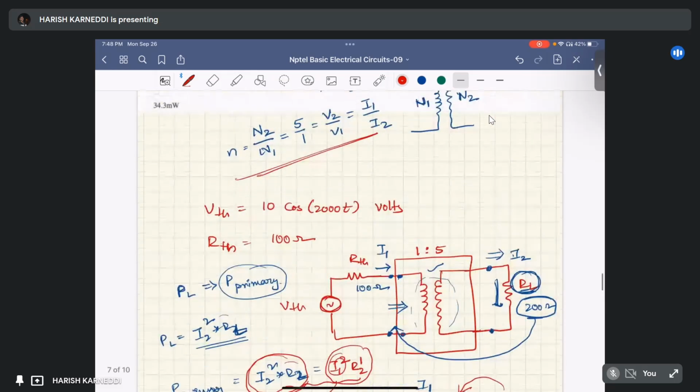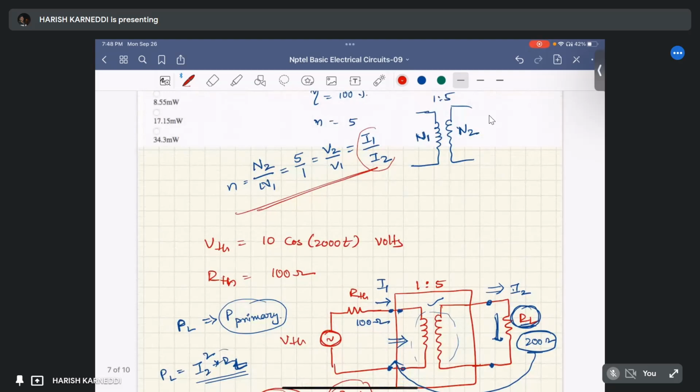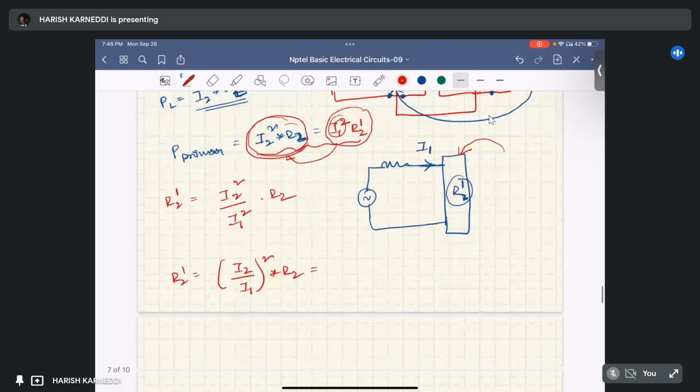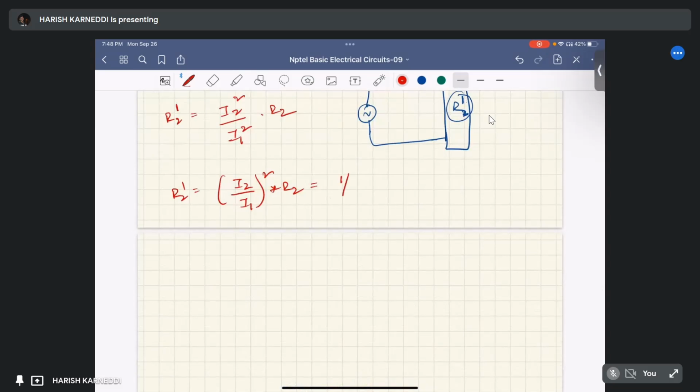What is the value of I2 by I1? I2 by I1 is 1 by 5, right? It is (1 by 5) whole square into R2. R2 value is 200 ohm. What is the value of 1 by 5 square? It is 1 by 25 into 200 ohm. It is 8 ohm.